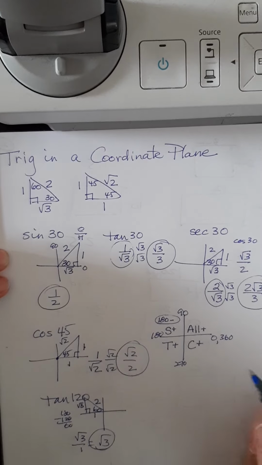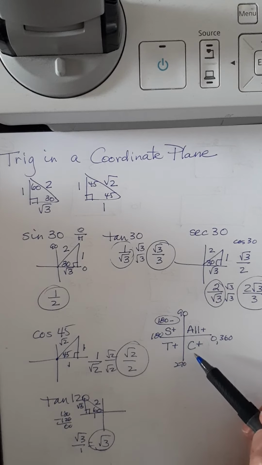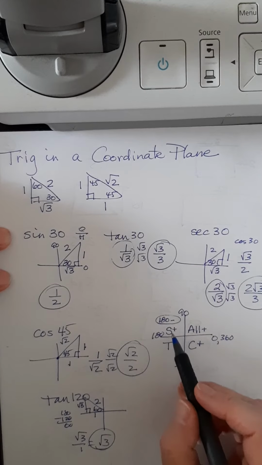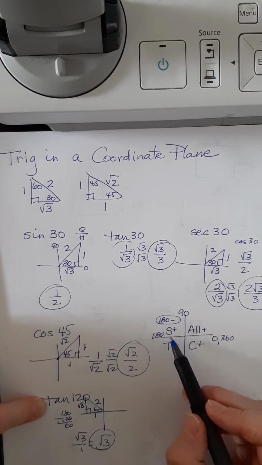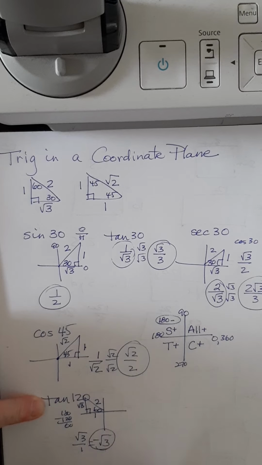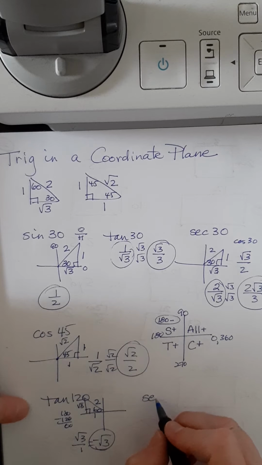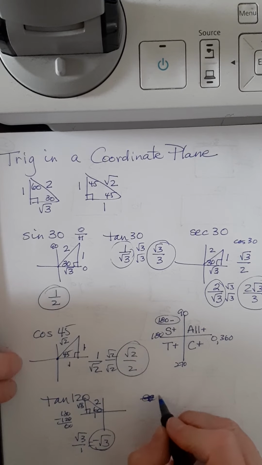Fourth quadrant, cosine's positive. You can remember it by All Students Take Calculus or whatever acronym you want. So now, where this comes into play, second quadrant, and it's tangent, well, sine is what's positive, so tangent is negative. Let's do a nicer one first.